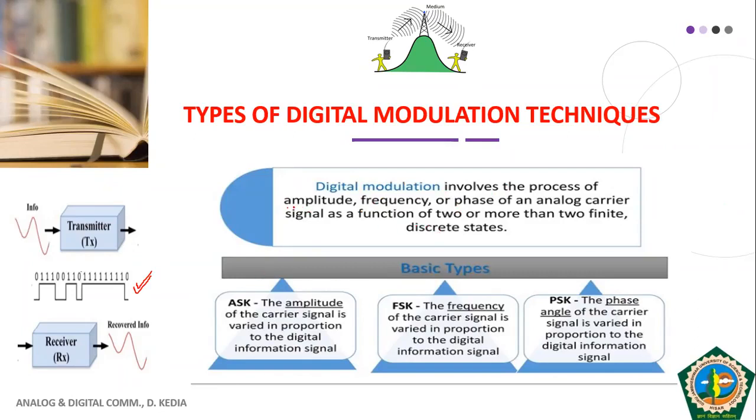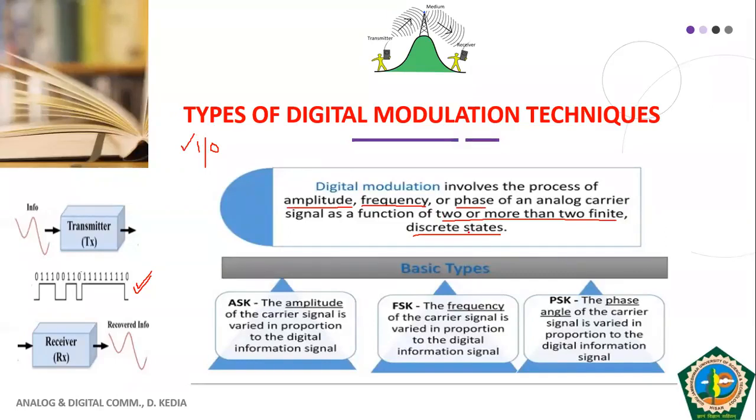So we can change the amplitude of the carrier, the frequency of the carrier, or the phase of the carrier depending on the message signal. And since your message signal is in the digital domain, it can have two or more than two finite discrete states. At the minimum you will have two symbols, either 1 or 0 when you use binary code.